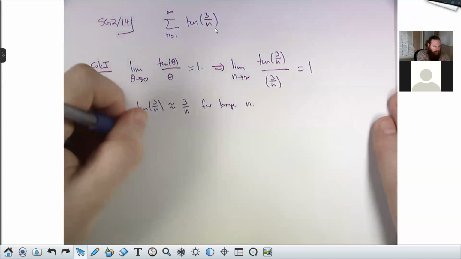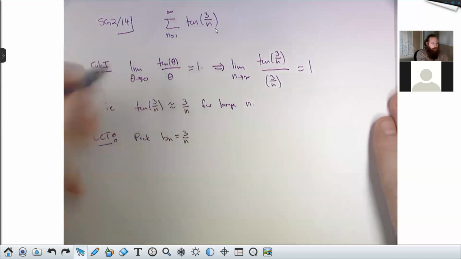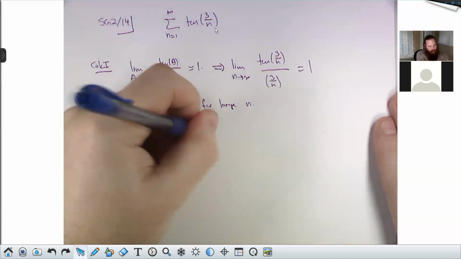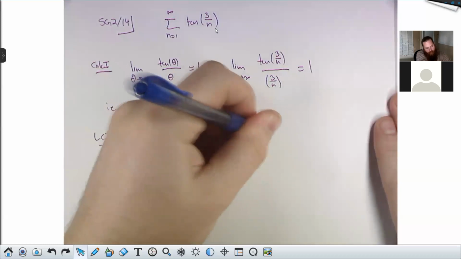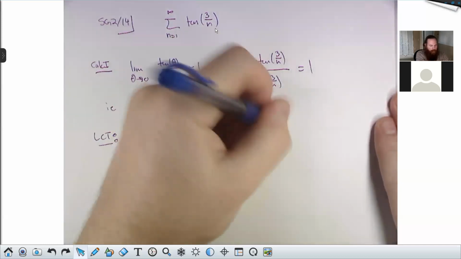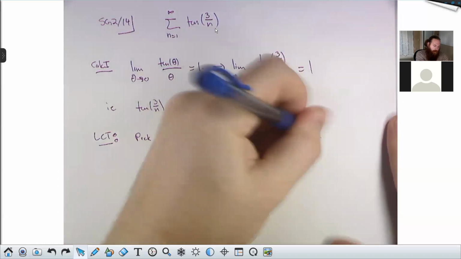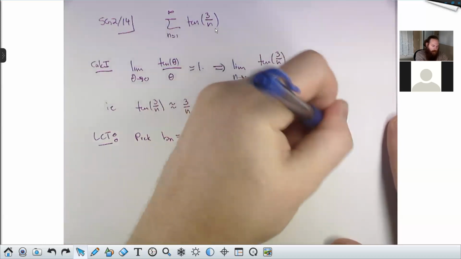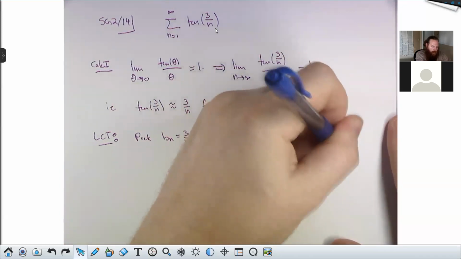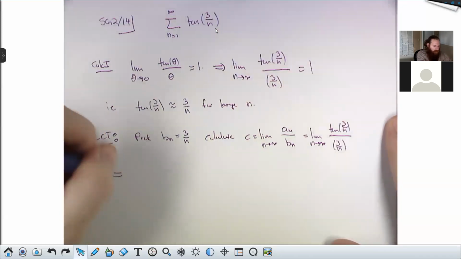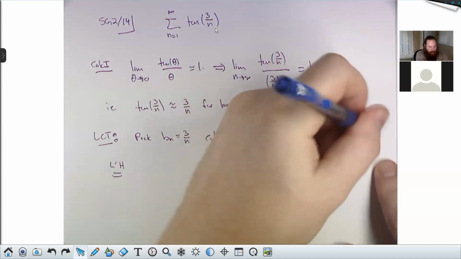So I'm going to pick Bn equal to 3 over n, and then calculate C as the limit as n goes to infinity of an over Bn, which is the limit as n goes to infinity of tan 3 over n divided by 3 over n. That looks like 0 over 0, so one run of L'Hopital's rule will do the job.